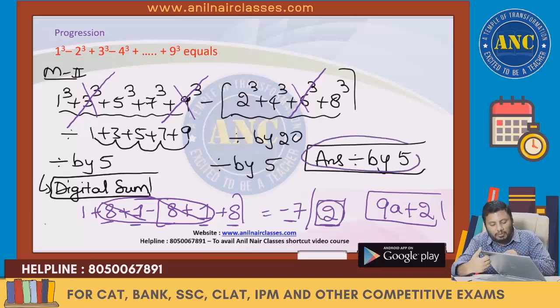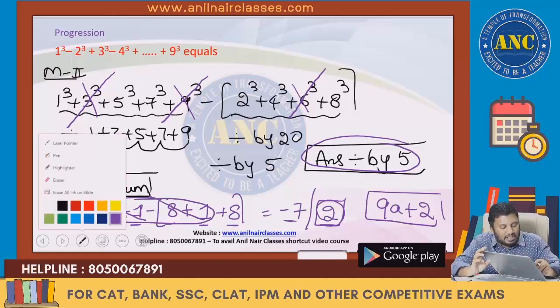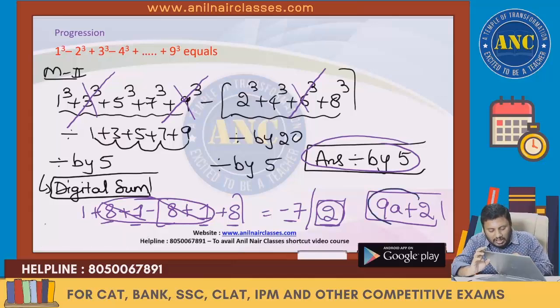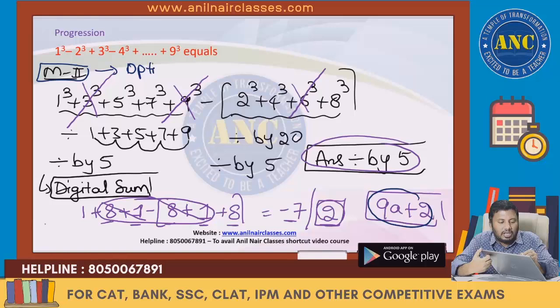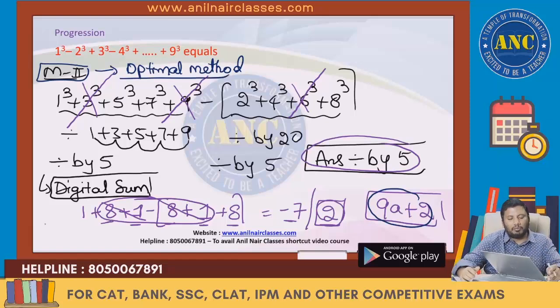Answer should be divisible by 5 by looking at the options. If there is more than one option divisible by 5, the answer's digital sum should be 2. Only use this method 2. If it is failing, then go to method number 1. Method number 2 is the optimal method. I hope the idea is clear. Method number 2. Next one.